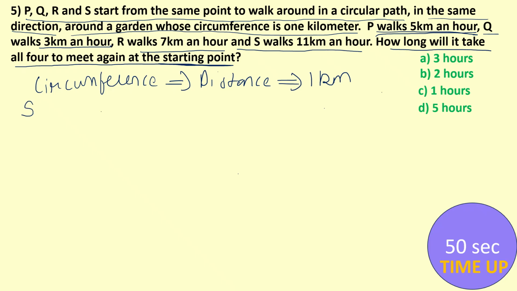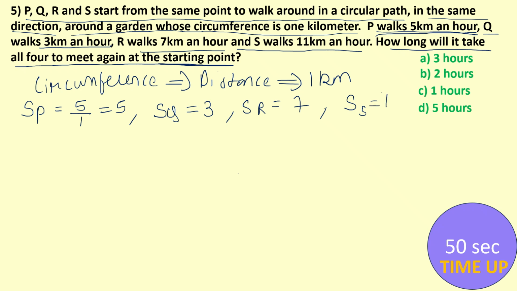So speed of P will be 5 by 1, which is 5. Then speed of Q is given, which is 3. Speed of R is given, which is 7. And speed of S is given, which is 11. Okay.